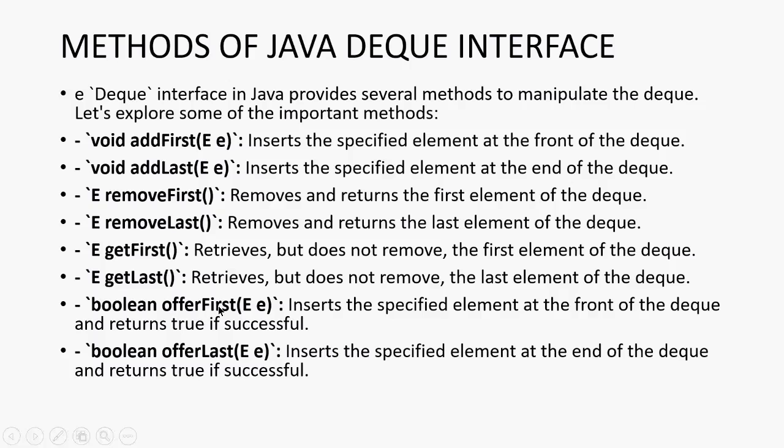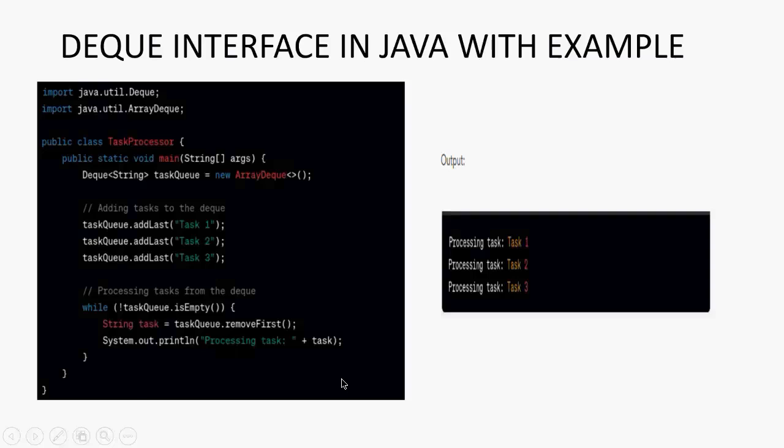And boolean offerFirst inserts the specified element, say element E, at the front of the Deque and returns true if that is successful. And boolean offerLast inserts the specified element at the end of the Deque and returns true if that insertion is successful. We will see a simple program with the Deque interface.